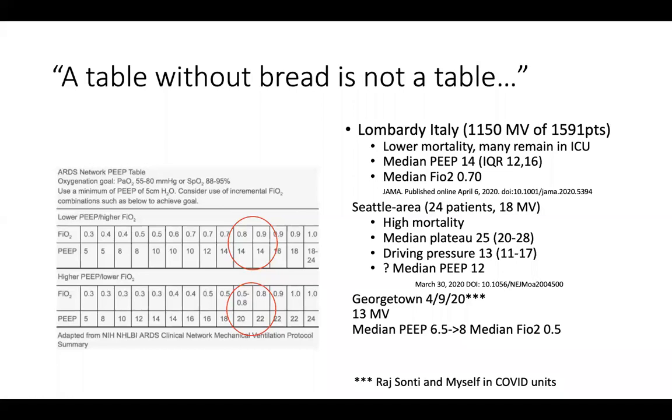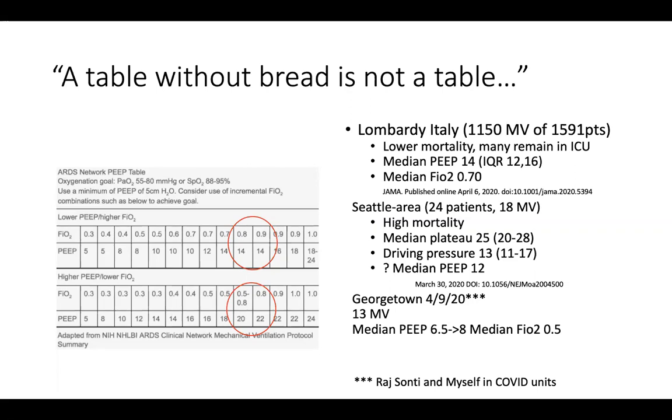And again, our initial thought that this was an ARDS process has come from reports from China, but even recent reports from Italy showed that median initial PEEPs were 14, such as in the gentleman that I showed you on his initial setting. They did report lower mortality than that seen in China, but in truth, I don't think it was a very complete mortality estimate, as many of these patients were still actively in the ICU without a clear disposition determined at the time of the publishment of this article in JAMA last week.